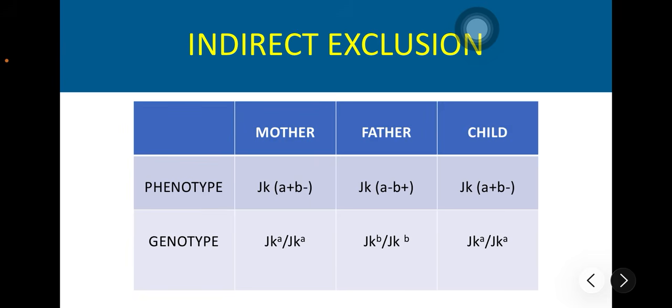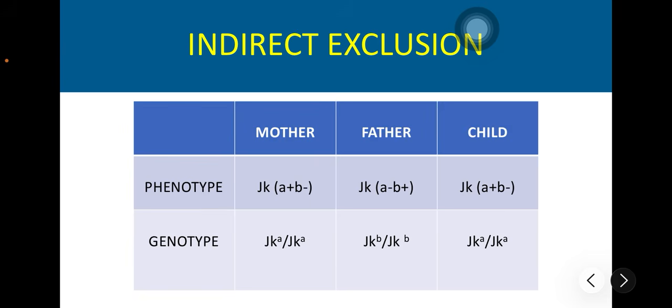It is the failure to find an expected marker in a child when the alleged father is apparently homozygous for the gene. There could be a possibility that the absence of a particular antigen from the father is mainly due to the presence of a suppressor gene.